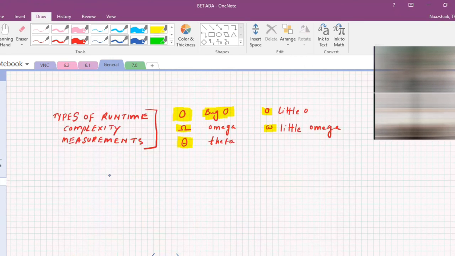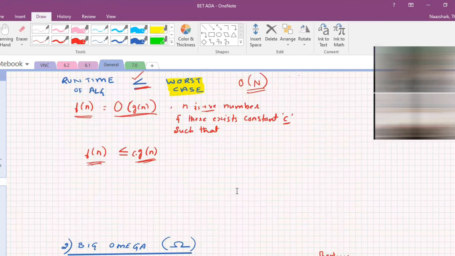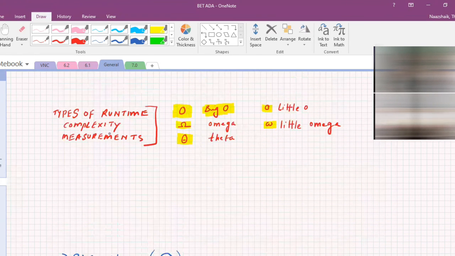Okay. Let me say my algorithm's best case is going to take 1 minute, and the worst case is going to take 1 hour.